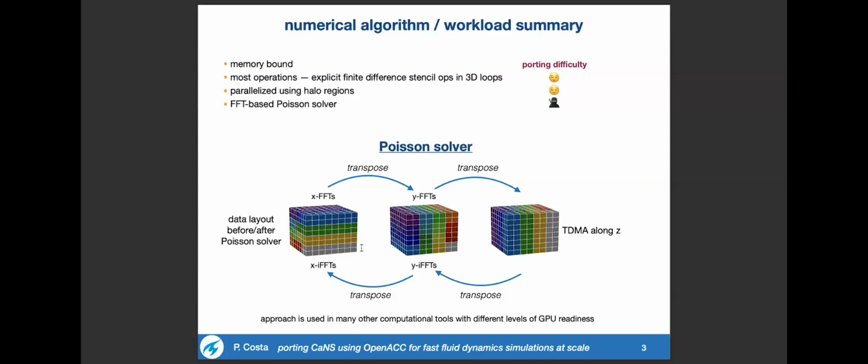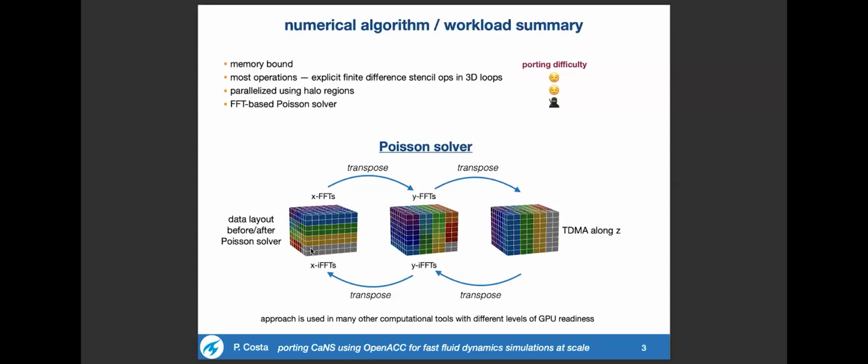So to do this, we need to have a domain decomposition that looks like this, where we have the MPI tasks here in colors that need to be first aligned in the X direction such that the data to compute the FFT along X is local to each task.